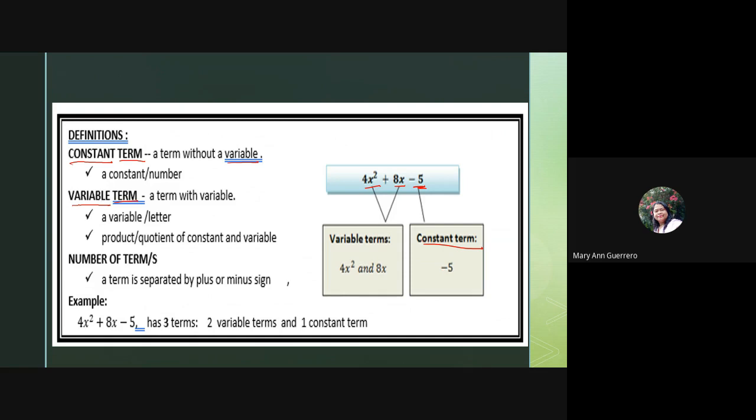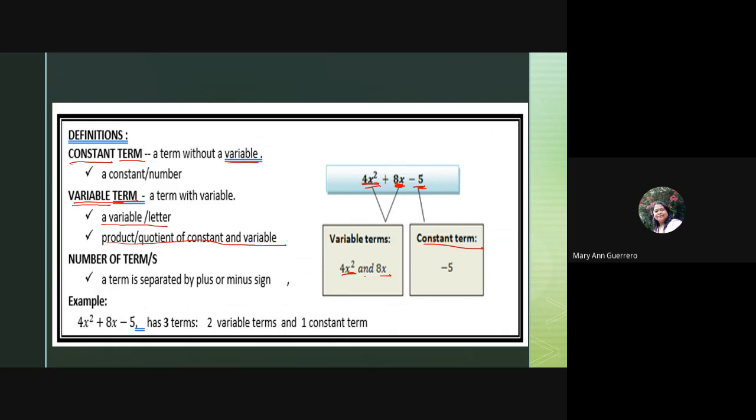Okay, variable term. Pwede siyang variable or product or quotient of constant and variable, just like this. The product of constant and variable, that is a variable term. As well as this.